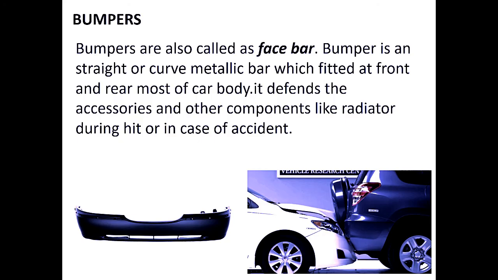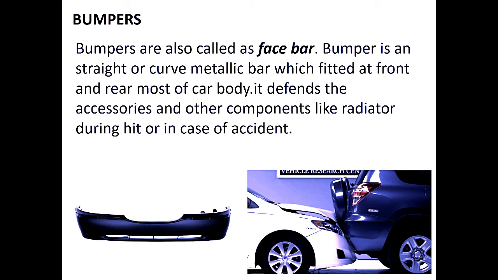The bumpers. Bumpers are also called face bar. A bumper is a straight or curved metallic bar which is fitted at the front and rearmost of the car body. It defends the accessories and other components like the radiator during a hit or in case of accident.